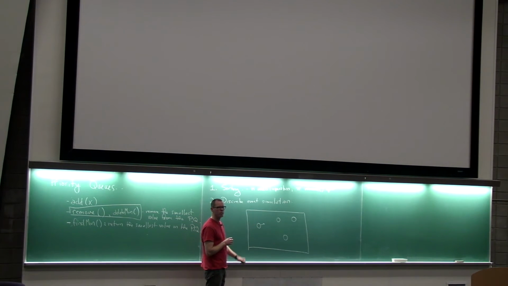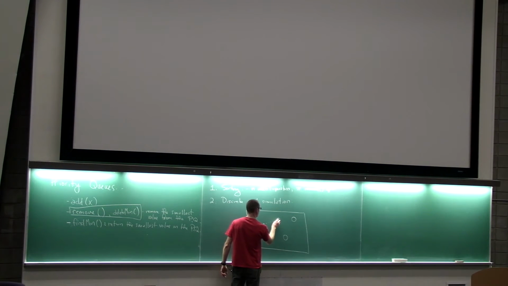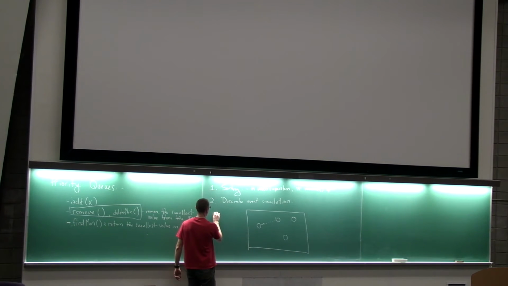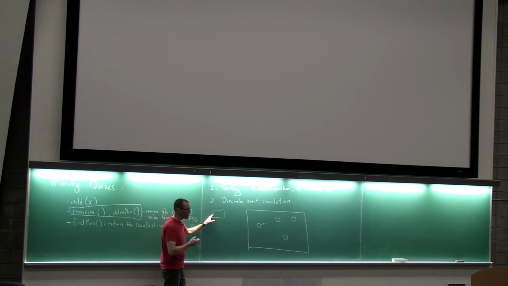So when this happens, you realize that at some point in time, this thing will collide with this other particle. Okay, so at some time t, this is going to happen. So you now have a priority queue in which you put the event of this collision happening with the timestamp t.